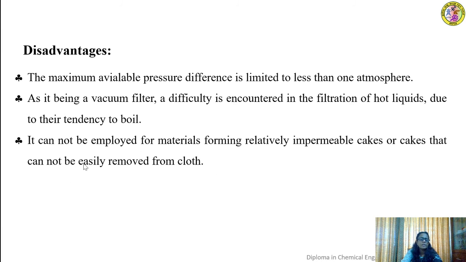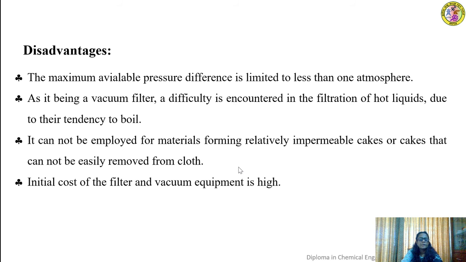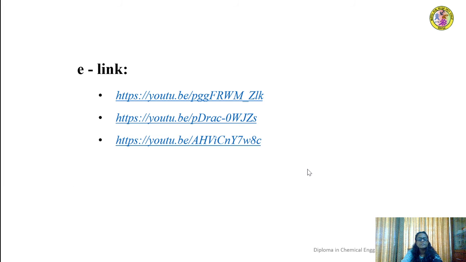So it is not suitable for filtering out solids that can form an impermeable cake. The initial cost will be high due to the use of vacuum equipment. All these are the drawbacks of the rotary drum filter.